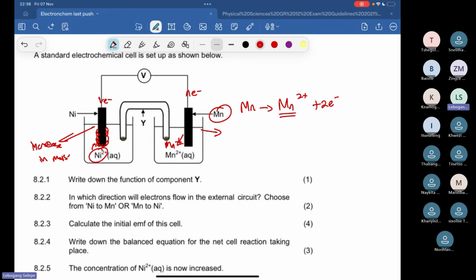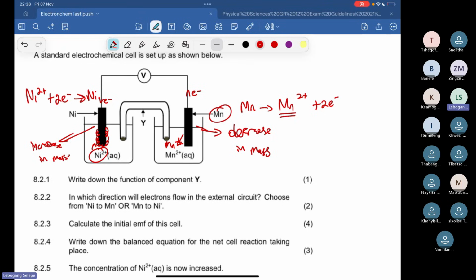Here we would observe a decrease in mass. Then the reaction that takes place here would be Ni2+ gaining those 2 electrons. So Ni2+ gaining electrons becomes Ni. Yeah?